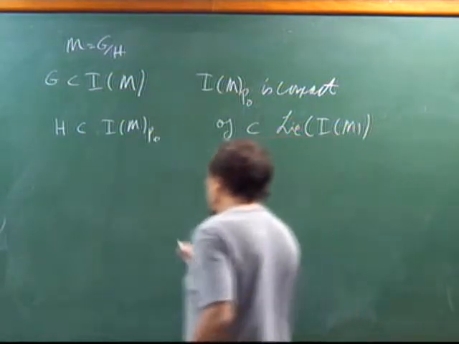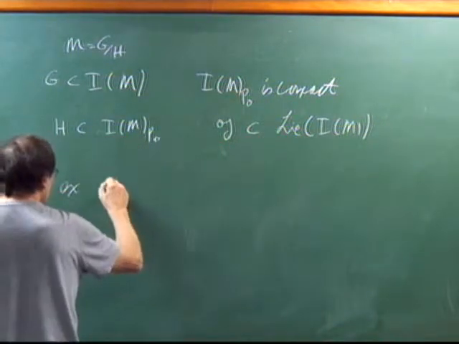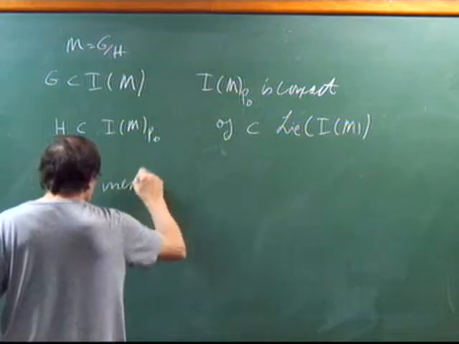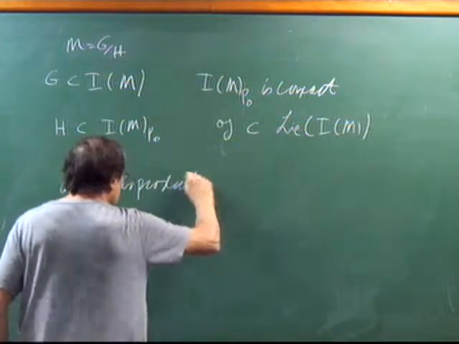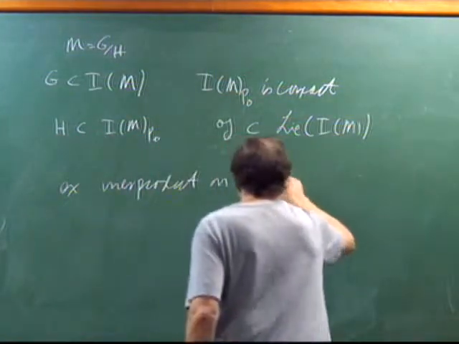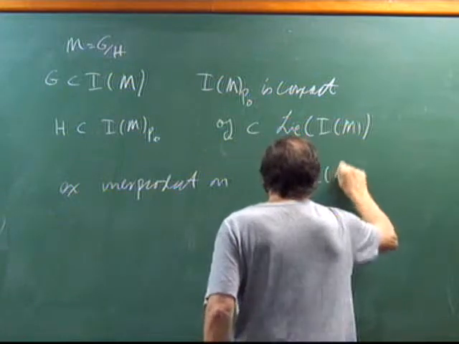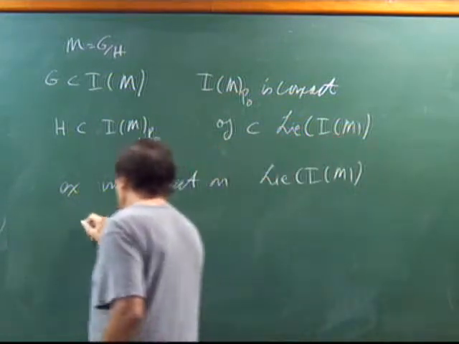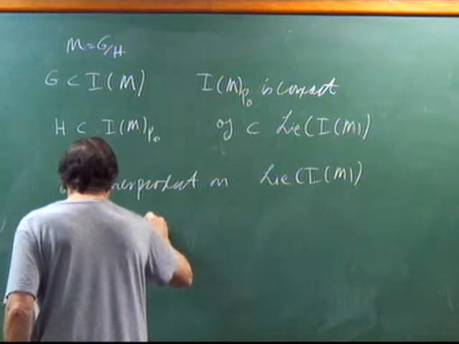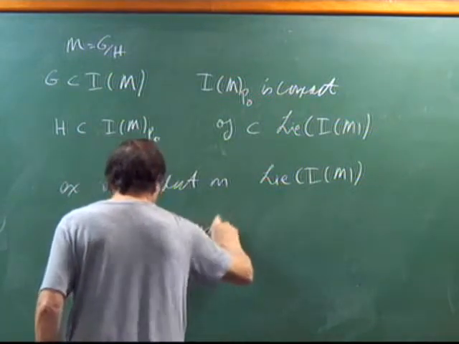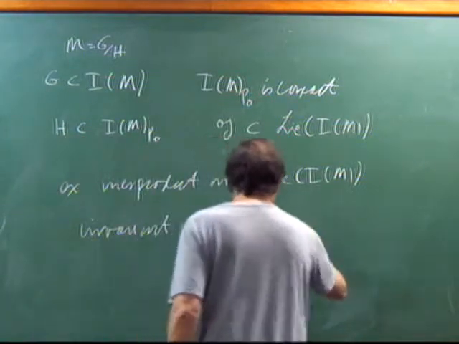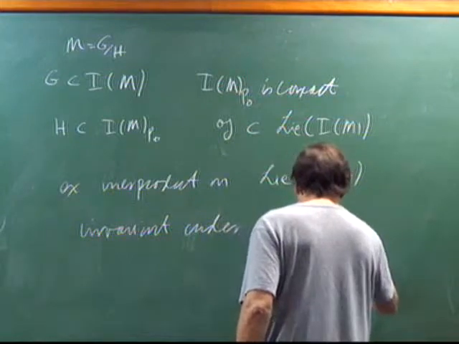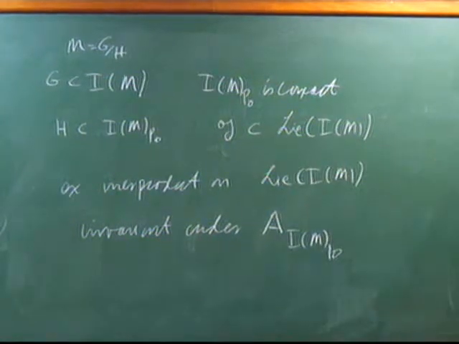So now I claim there exists an inner product on the Lie algebra of the isometry group invariant under its stabilizer, because now the stabilizer is compact.